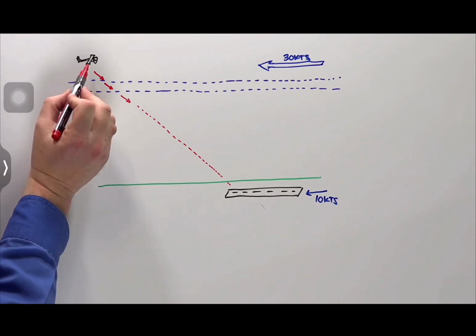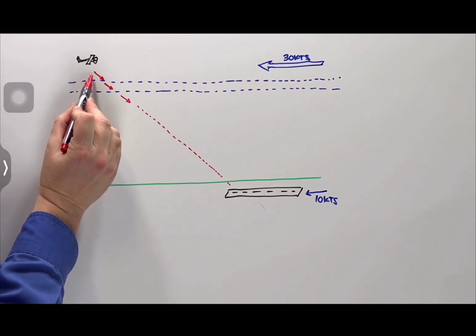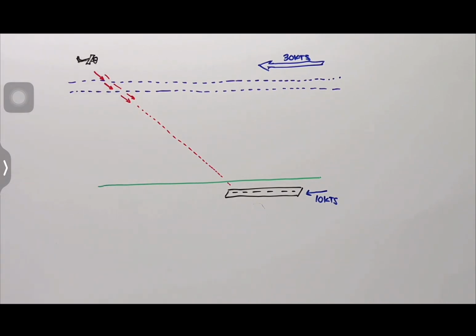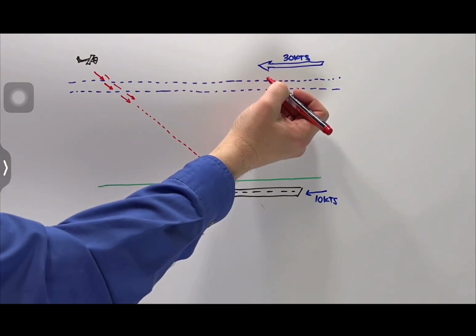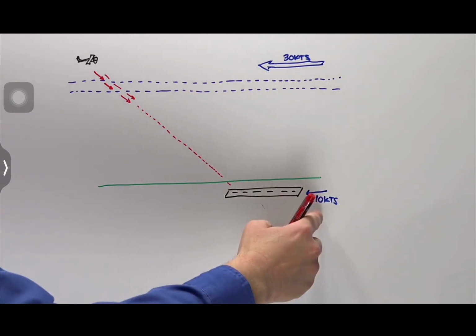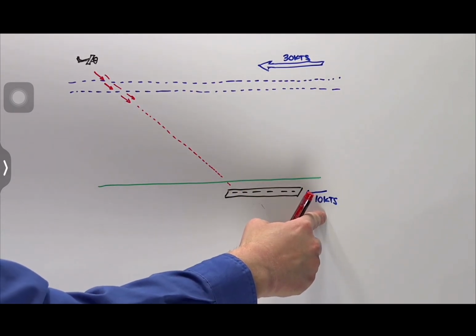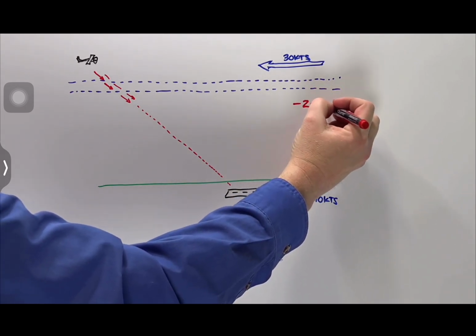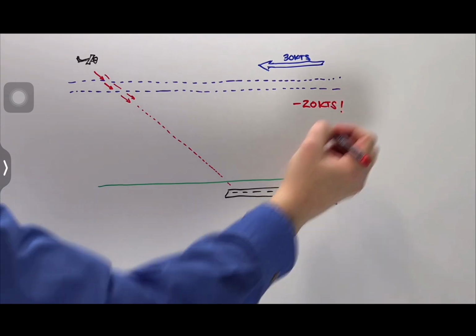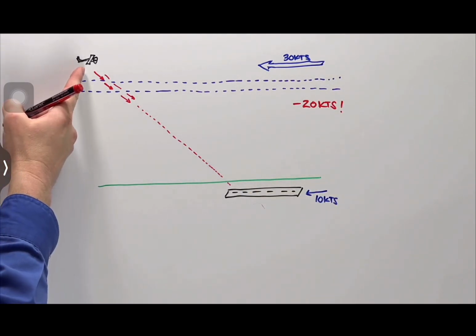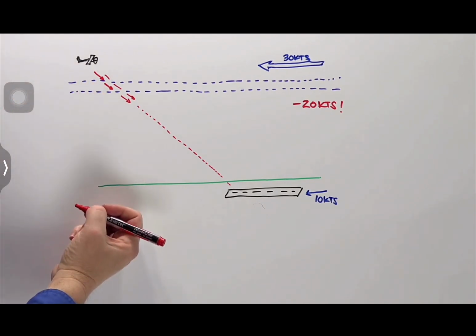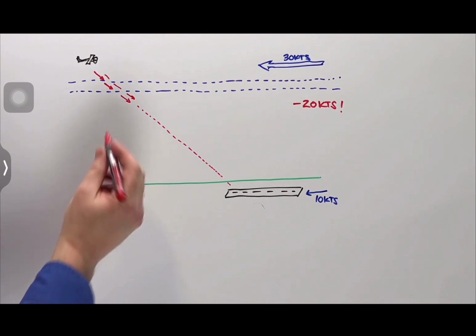That said, as we suddenly go through this zone here, what will happen? I've gone from a headwind of 30 knots to suddenly a headwind of only 10 knots. That is a net change of 20 knots. My airplane thinks, whoa, my airspeed just decreased. So guess what it's going to do?